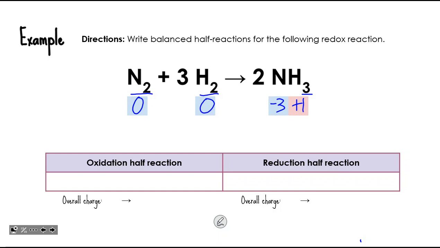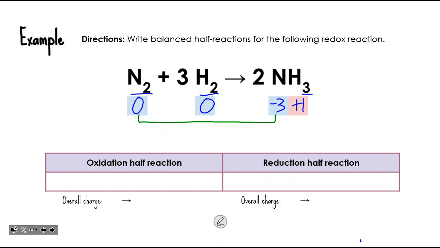That's a rare case, by the way. Doesn't happen very often. But now we look, 0 to -3 for the nitrogen. Is that one being oxidized or reduced? 0 to -3.